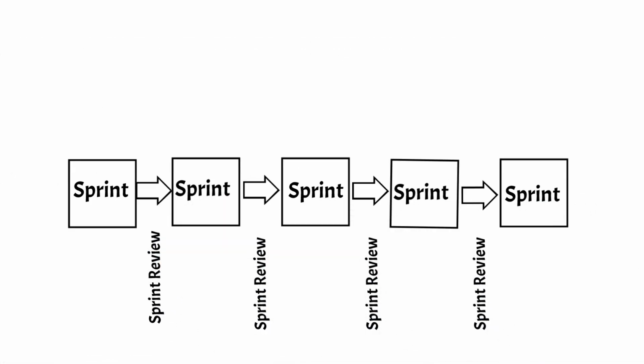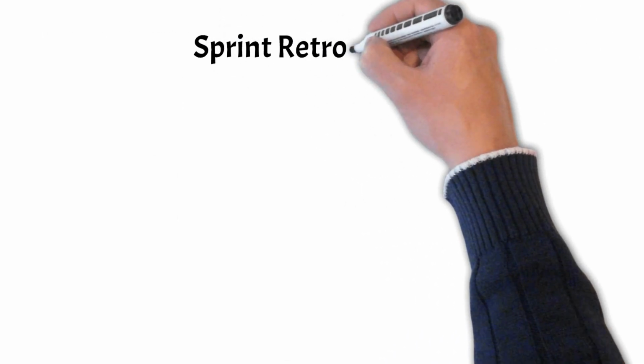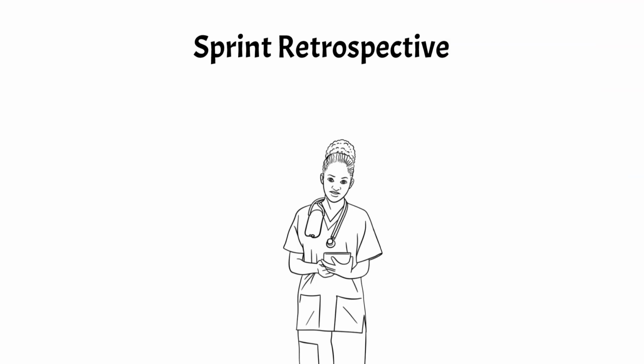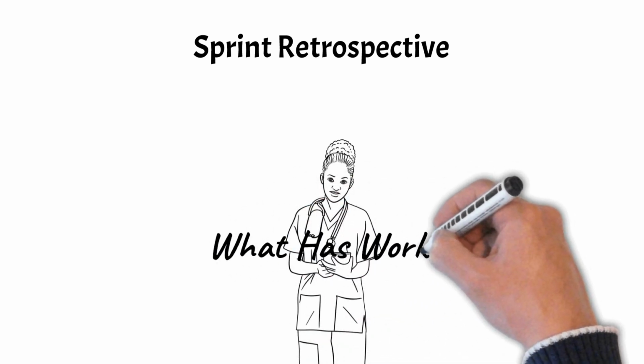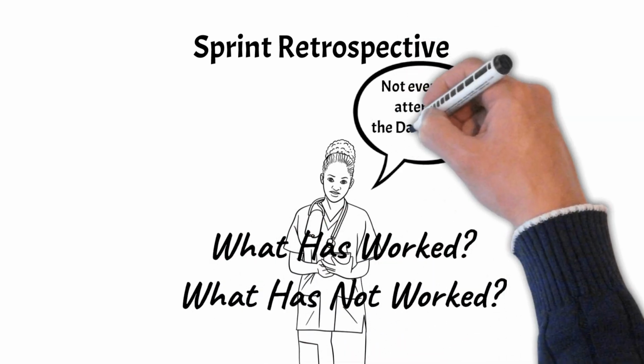While sprint reviews occur at the end of every sprint and focus on the features and requirements defined in the product backlog, the sprint retrospective is held at the end of several sprints and focuses on how the Scrum methodology has been followed. It addresses what has and has not worked and is therefore an opportunity for continuous learning and improvement.